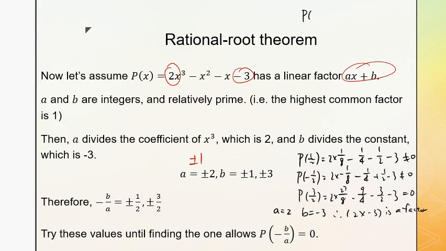Now p(x) can be written as 2x minus 3 multiplied by x squared plus bx plus c, if you notice that. Because when we expand that, 2x times x squared gives you 2x cubed. And for the c value, -3 times c will give you the constant, which is -3.